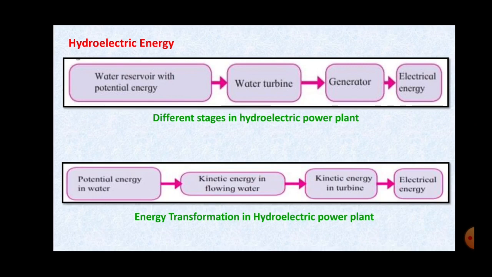Now the turbine starts driving the generator, and then electric energy is produced. So this is all about the hydroelectric power plant, right? The first one is the different stages, and in the second one we can see the form of energy transformation from potential energy to kinetic energy.